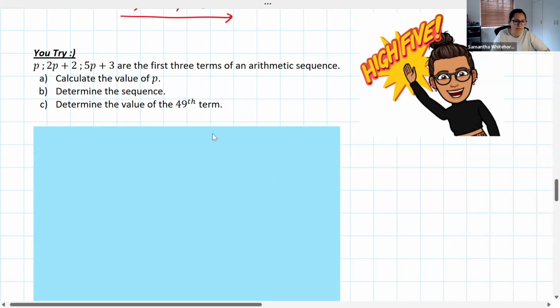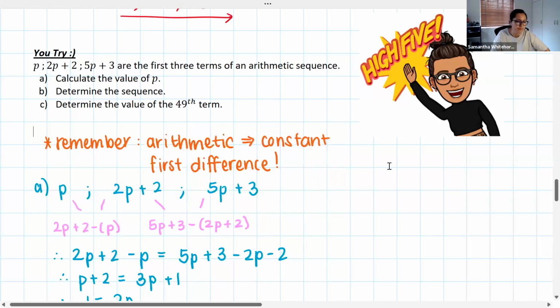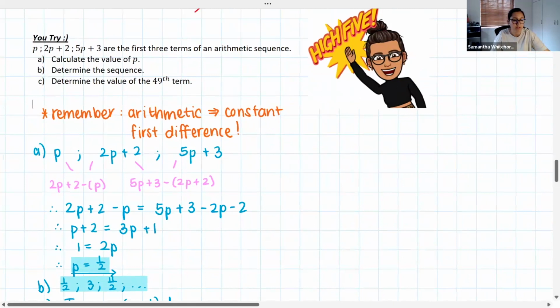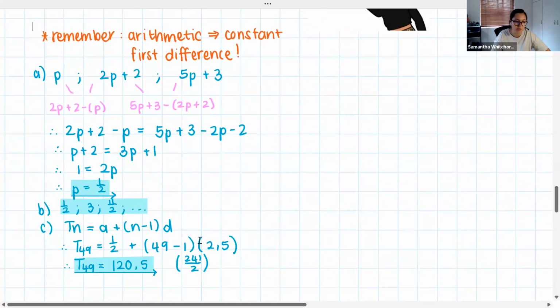Okay, so let's see what we've got going on under here. Remember, it's an arithmetic sequence, so you've got that constant first difference. Guys, you do it exactly the same as the last example. We find our first differences. Because they are constant, because they're the same, we can make them equal to each other and solve for p.